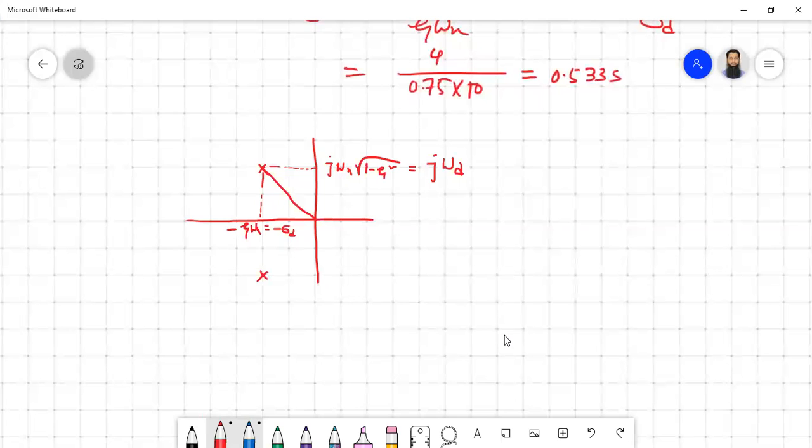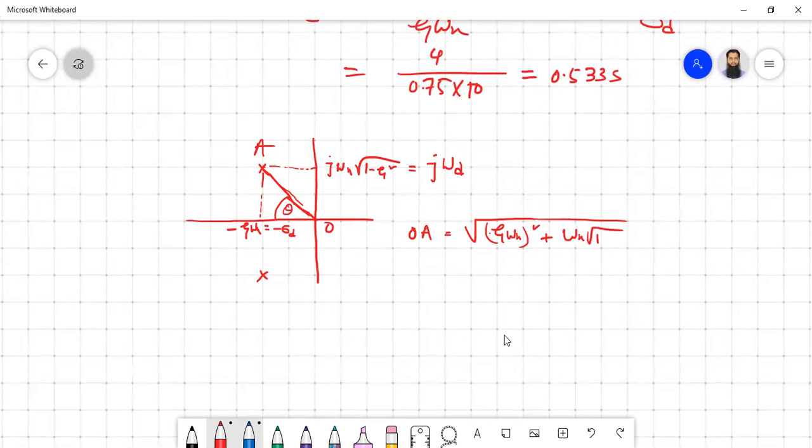So now let us try to find out. We already said that we assume this angle to be theta. So we have to find out what this length is. Using Pythagoras, we can easily figure it out. This is 0, this is point A. So the length 0 to A can be given as the square root of the real portion, that is zeta omega n, whole square, plus omega n root 1 minus zeta square, whole square.